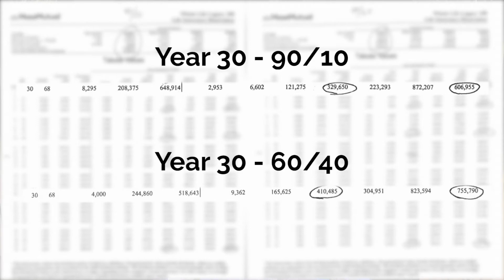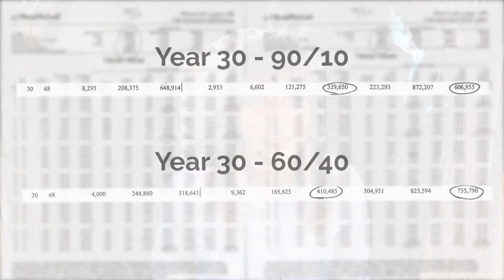Now, I know we don't talk about it a lot, but let's just look at the death benefit there in year 30. In year 30, on my 90-10 illustration, I have about $607,000 of death benefit. In year 30, on my 60-40, I have $755,790 of death benefit.